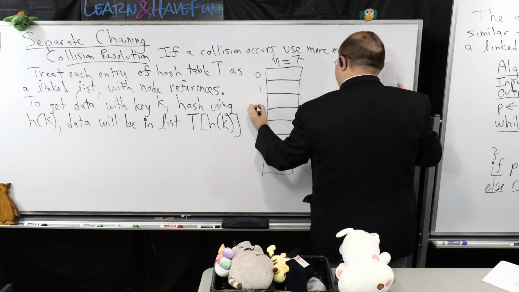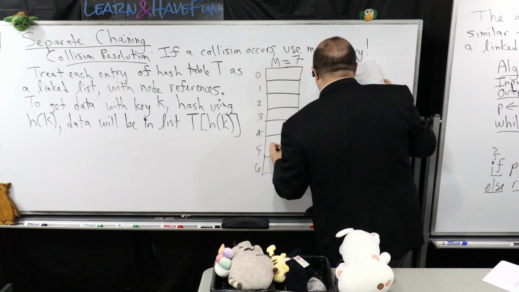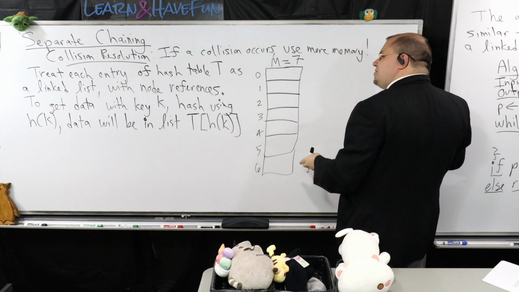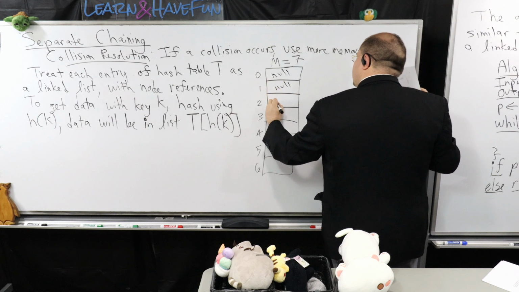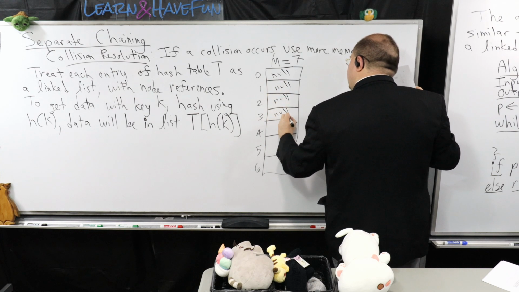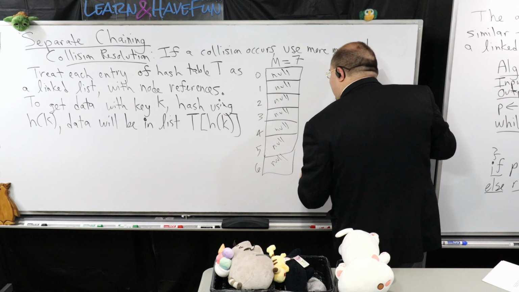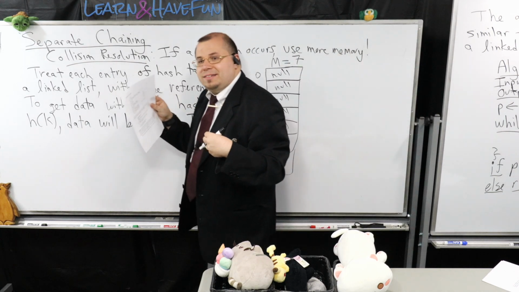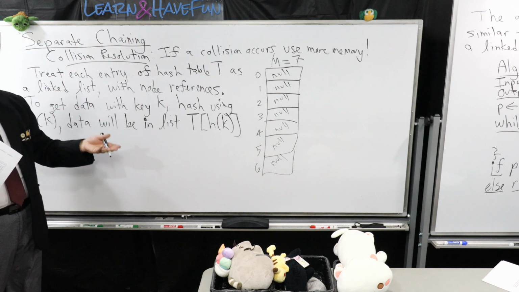It's a Monday, right? I kid, of course, but anyway, all of these are going to start off as null. So when I initially create the hash table, I would scan through all of the slots and assign them to be a null pointer at the beginning, if I'm setting them up like this.